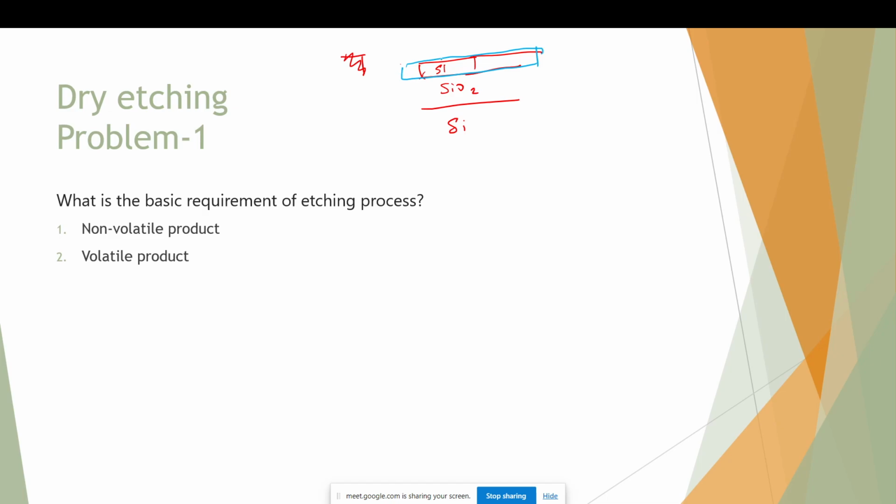So I want to make this structure hanging, so I want to remove this underlying SiO2. SiO2 will stay here but it will be removed from one side, so that will make this a vibrating structure, right. So the silicon will be a vibrating structure, it will be anchored somewhere here to the underlying silicon. So I need to remove this central SiO2.